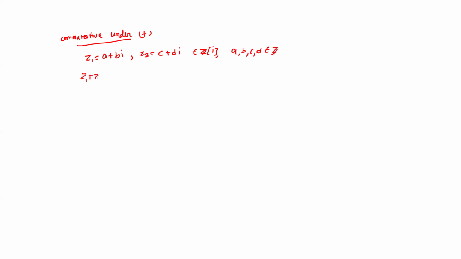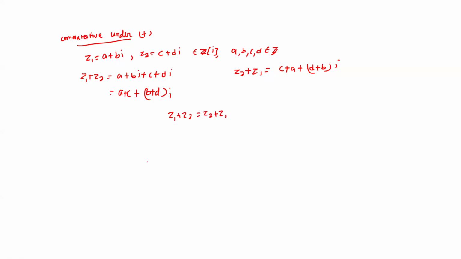Now, z1 plus z2 is a plus bi plus c plus di, which is (a plus c) plus (b plus d)i. Now, go for z2 plus z1, which is (c plus a) plus (d plus b)i. Both are the same. z1 plus z2 equals z2 plus z1. Therefore, Z[i] satisfies the commutative property under addition.